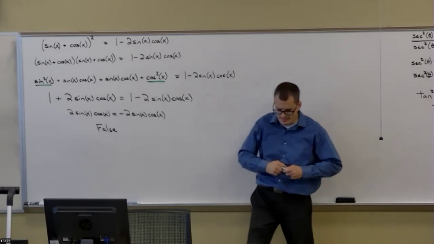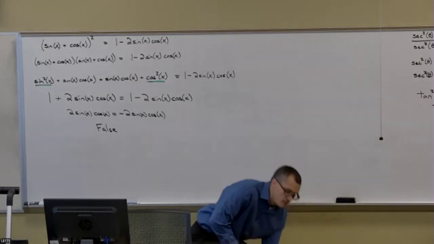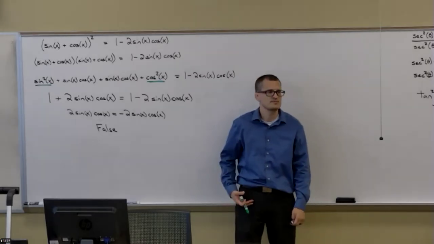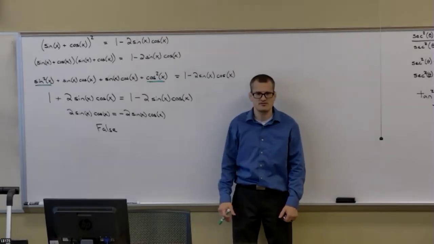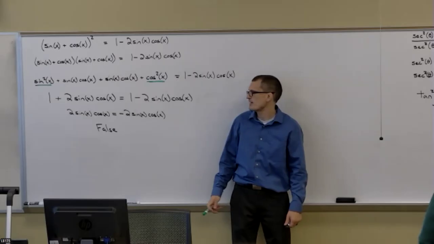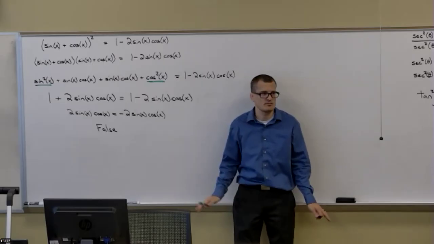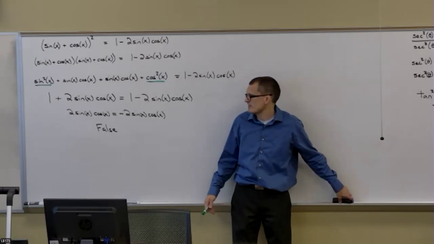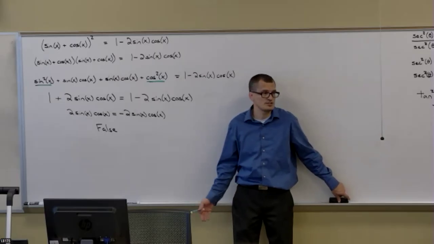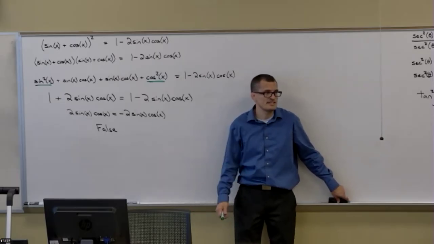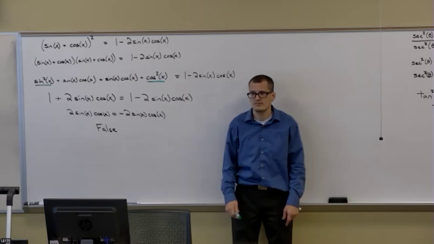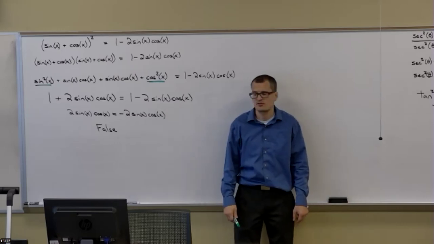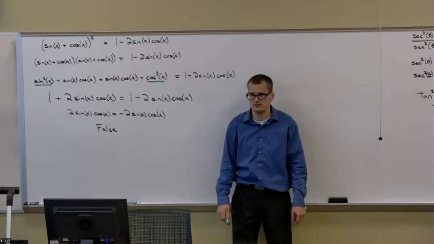So once you realize that both sides are not equal for all values of x, then you can just say it's false. By the way, there will be some values of x where that will be, right? For instance, like if x is pi or pi over 2, then those 2 sides will be equal because I get zeros there. But for other values, most values, it's false.